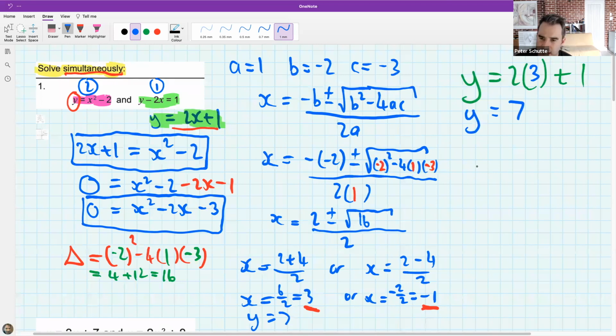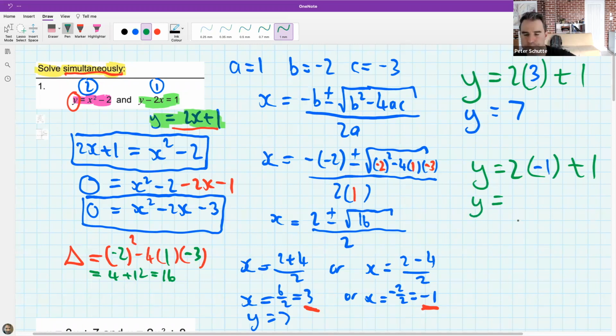Let's do the next one as well. So it's the same equation. So that part's the same. But what's different is this is minus 1. What did you get for y the second time? I got negative 1. Completely agree with you.